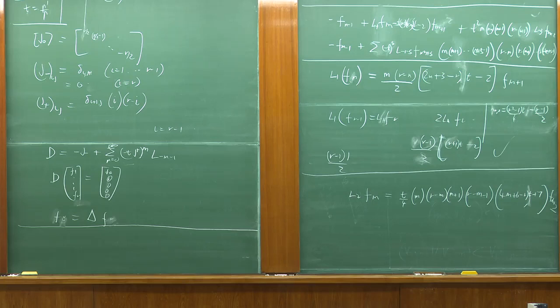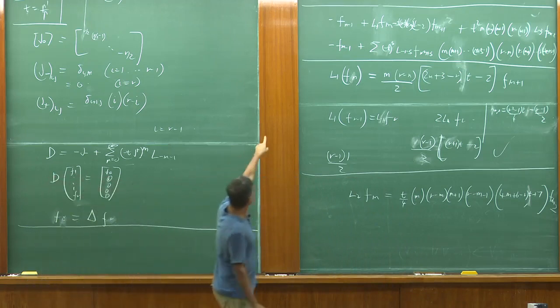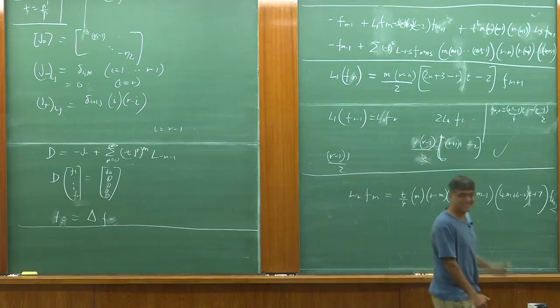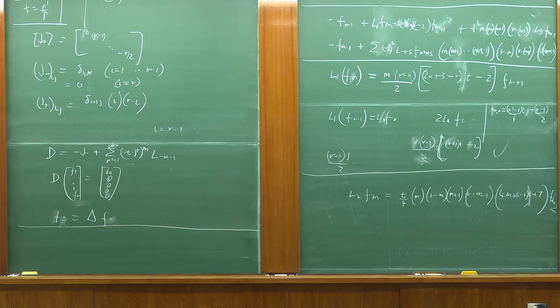But okay, excellent. Oh wait, I had to make two or three comments on this. Now, the first comment is this. Look, we wrote down f m minus 1 as a series in terms of the lower ones. By iterating that series, it's sort of clear that if you work a little hard, you'll be able to write down an explicit expression, not just for f m minus 1 in terms of f m, but f m minus 1 in terms of f r.